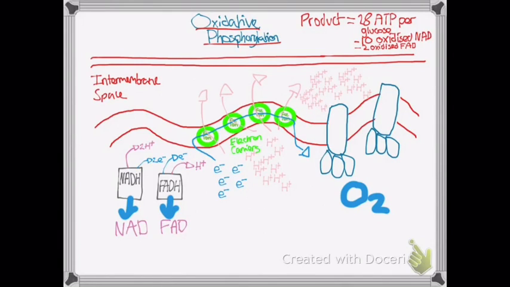The quantity of hydrogens in this space now is so great that there's a proton potential. Remember, we call hydrogens protons. There's a proton potential or a chemiosmotic potential. Okay, I think it's important that we write that down as a key word. Chemiosmotic potential.